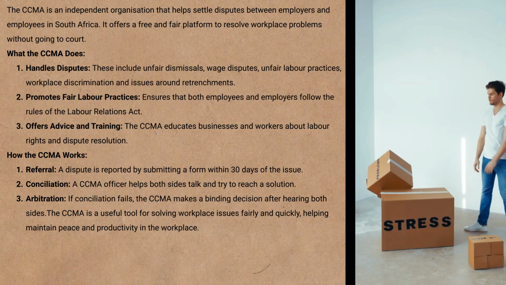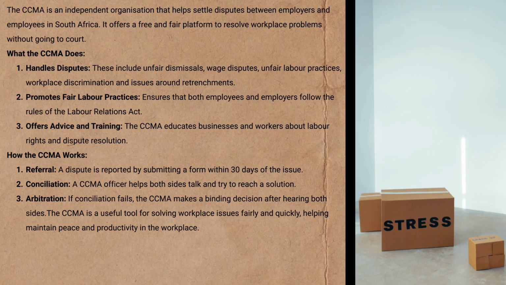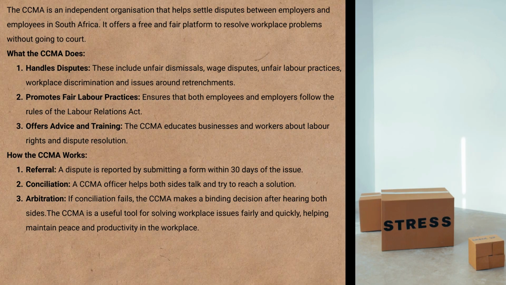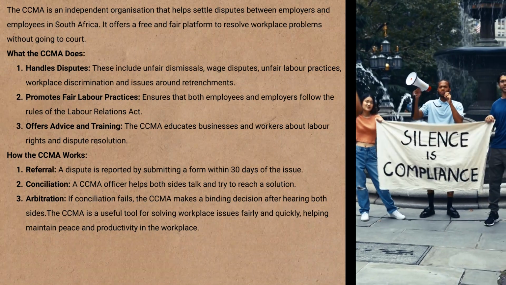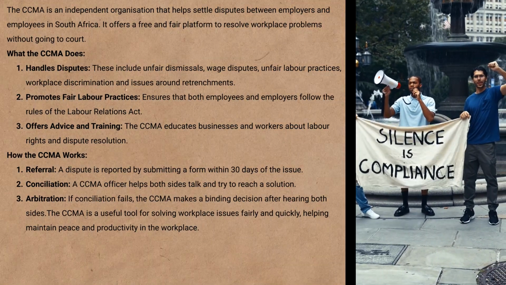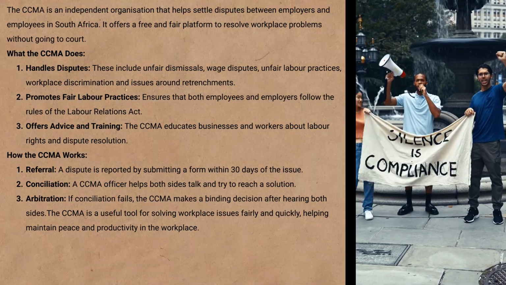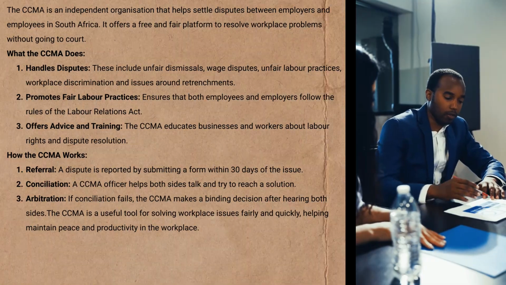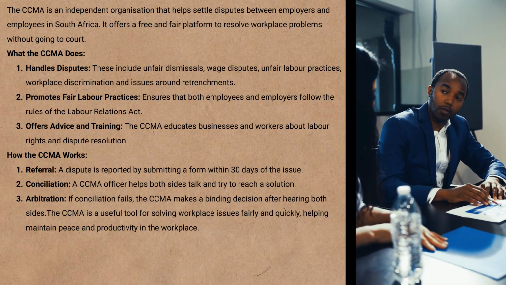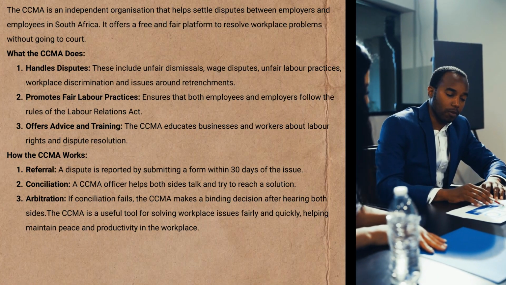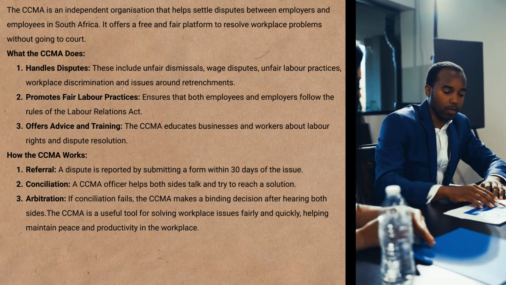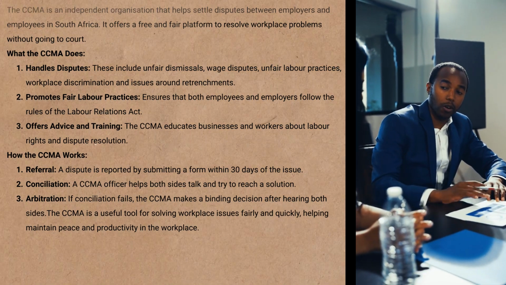They handle conflicts over dismissals, pay, work conditions, or discrimination. Prevent strikes. By resolving issues, they help avoid strikes or lockouts, keeping work going. Education and advice. They offer training and advice to both workers and employers on how to manage conflicts.